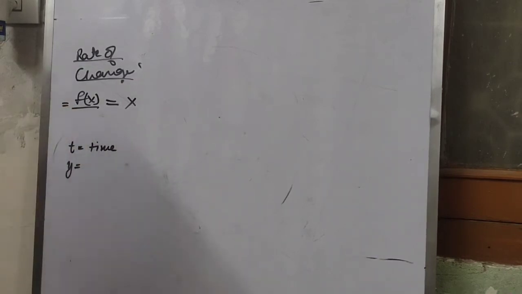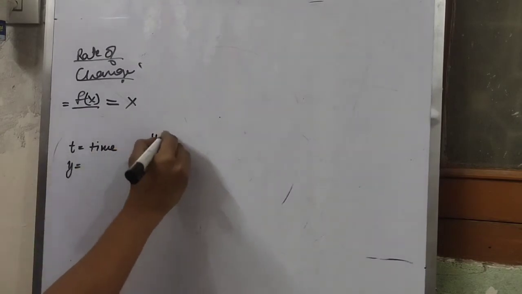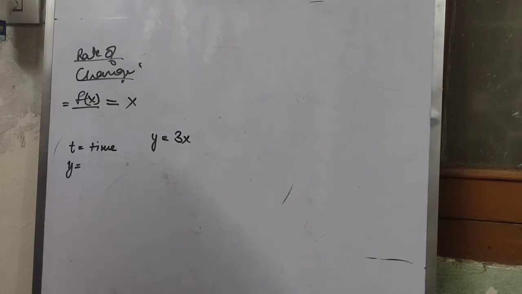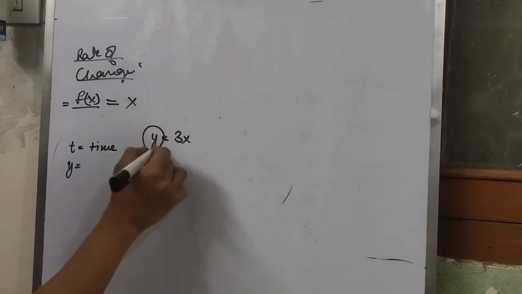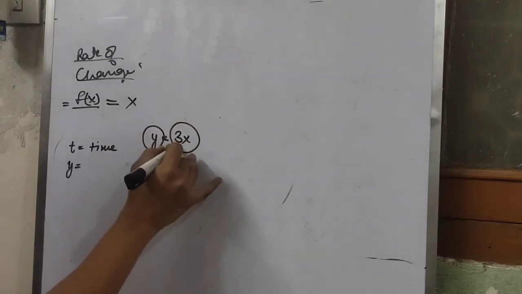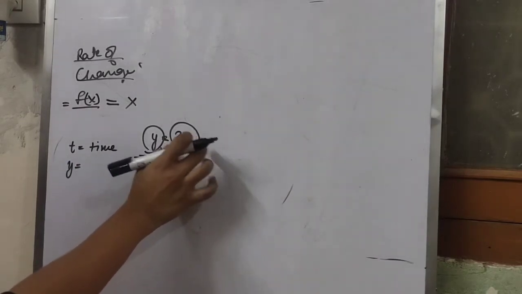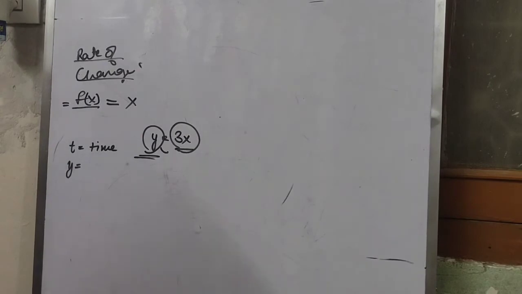For example, a simple mathematical equation can be y equal to 3x. So y is a function whose value depends on x, where the value of x is multiplied by 3.